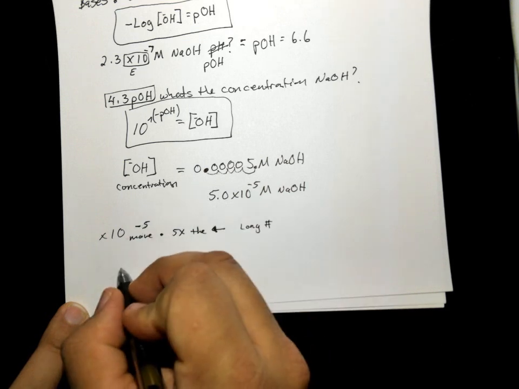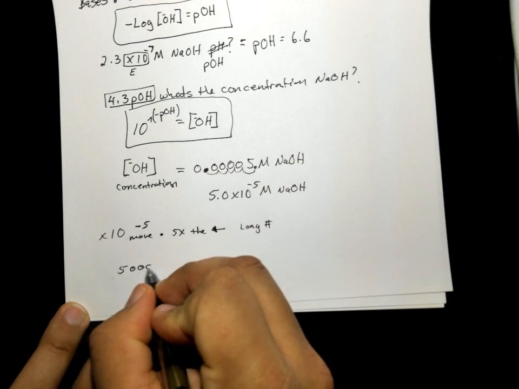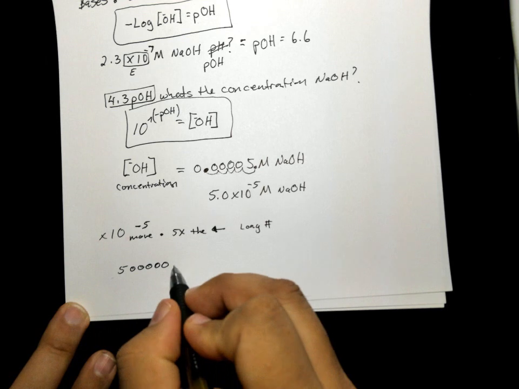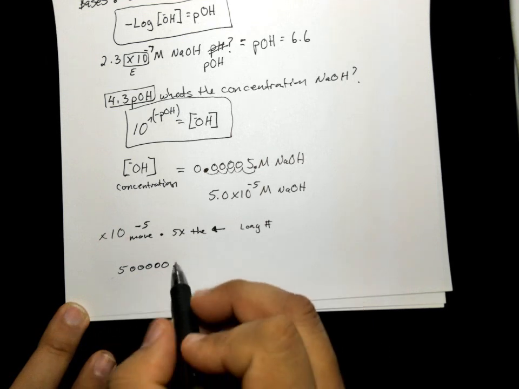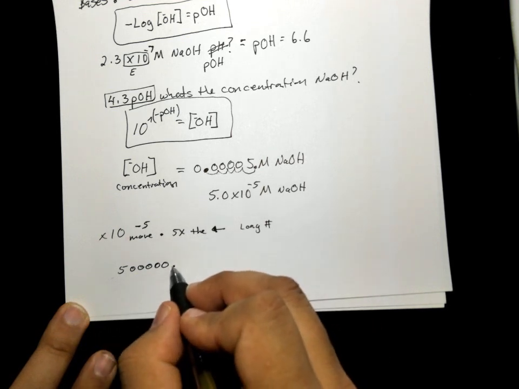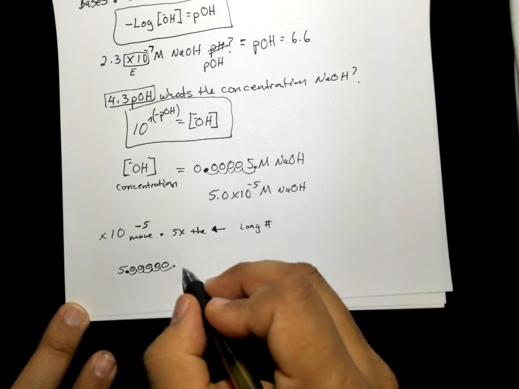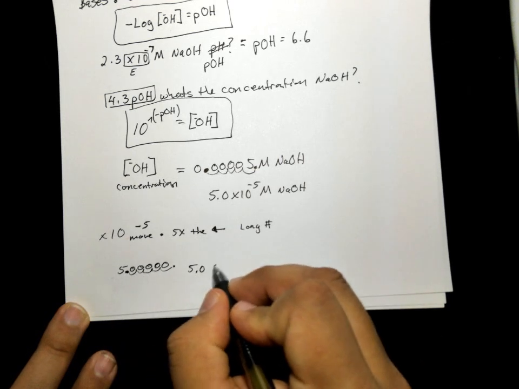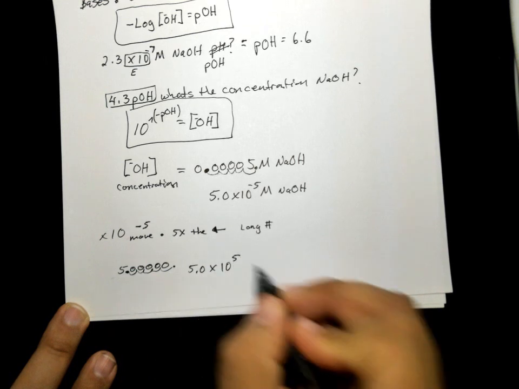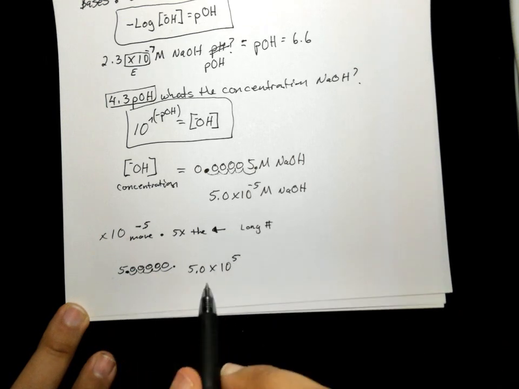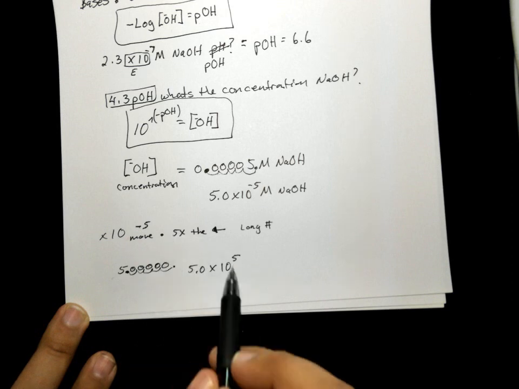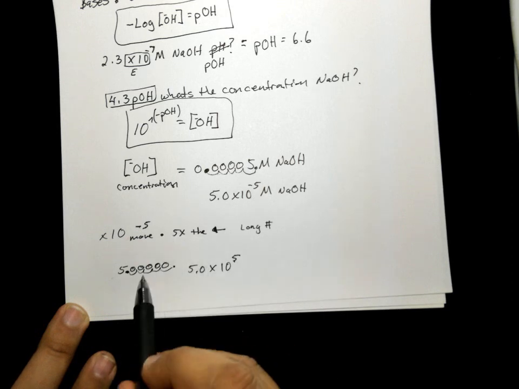If you have a big number, let's say I have 5 like this right here, that's a big number. So when I put it in scientific notation, 1, 2, 3, 4, 5, this will be 5.0 times 10 to the 5th power. So you got to keep track of this exponent, because a positive exponent means it's a big number.